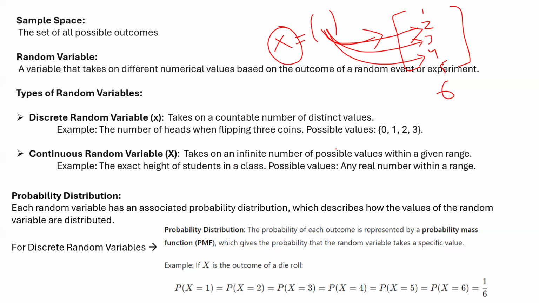And the heartbeat of a person in a day? Continuous. Tossing a coin? Discrete.